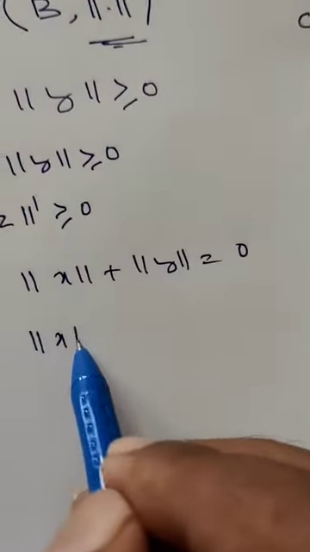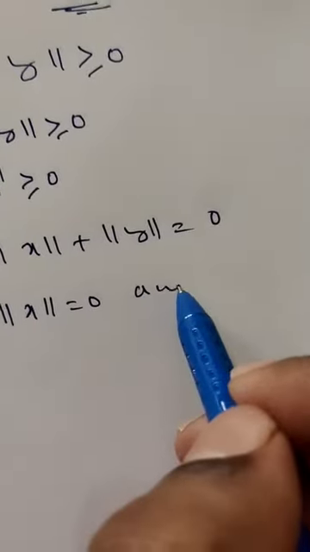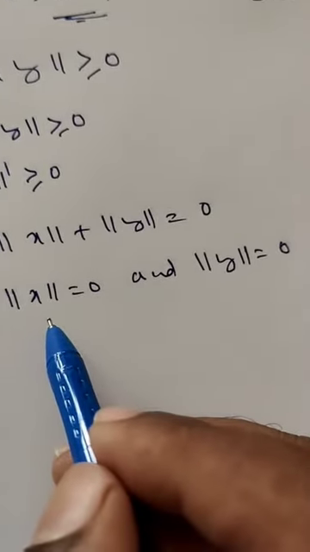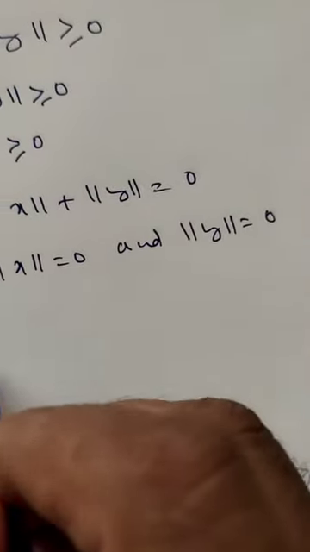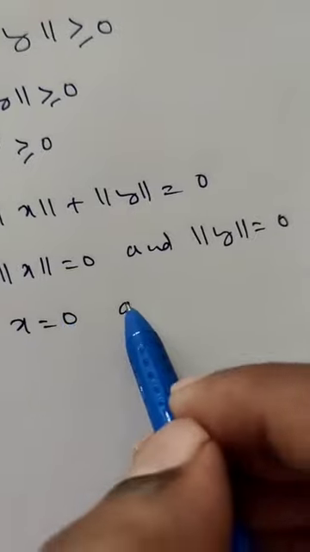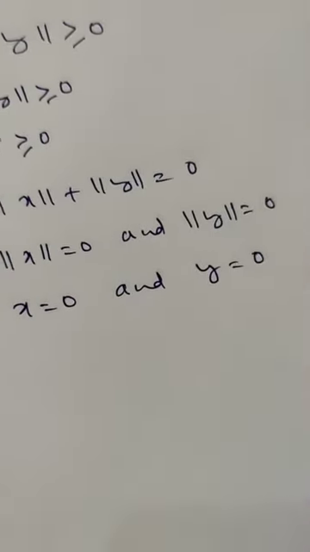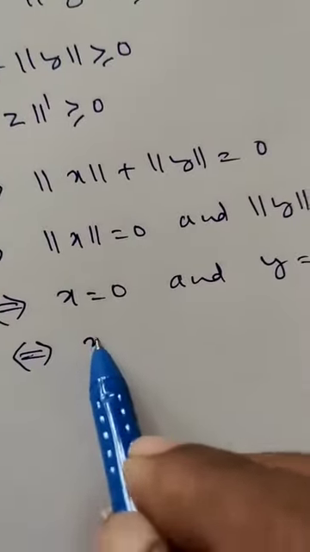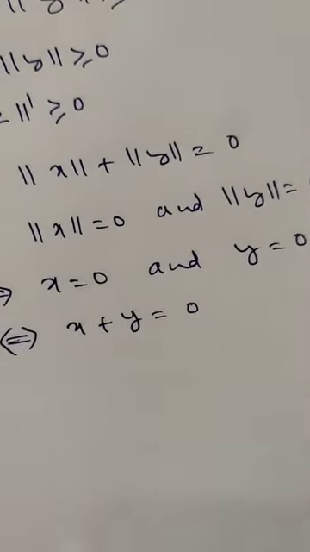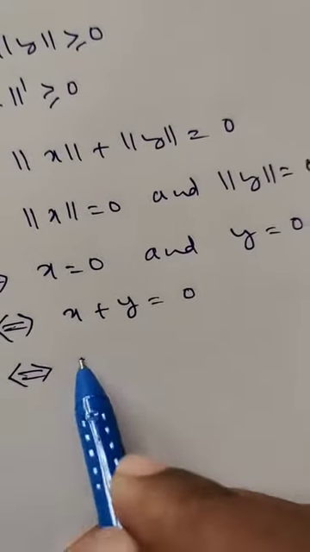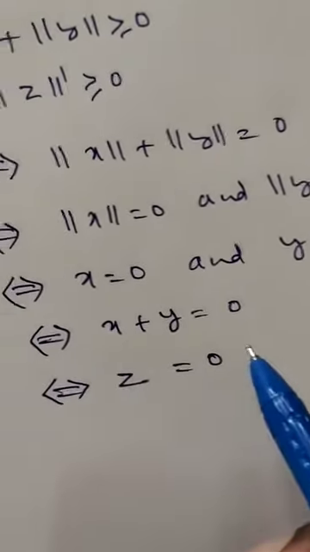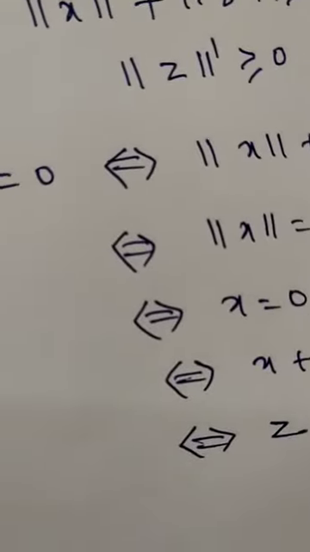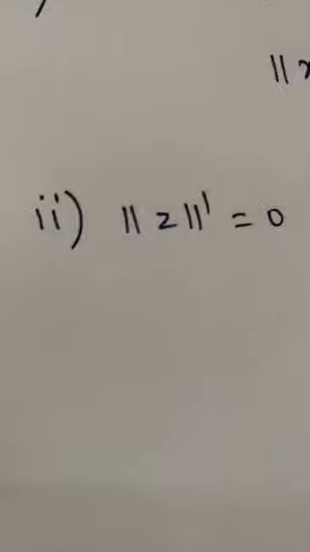So norm of X must be equal to 0, and norm of Y must also be equal to 0, which means, according to the definition, X is 0 and Y is 0. If X is 0 and Y is 0, then certainly X plus Y is also 0, and X plus Y is nothing but Z, so Z is 0. Thus we have proved norm of Z is 0 implies Z is equal to 0. This is the second condition of a norm.